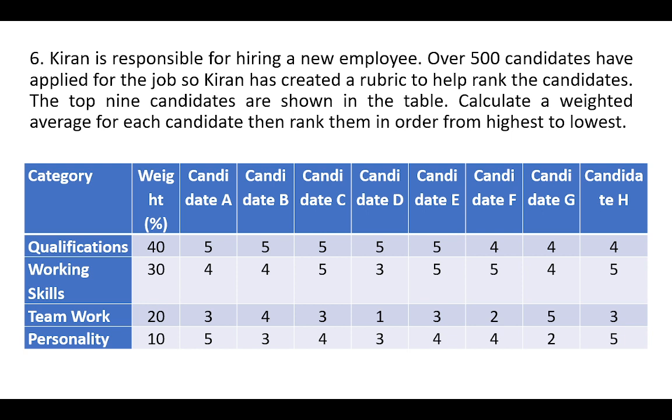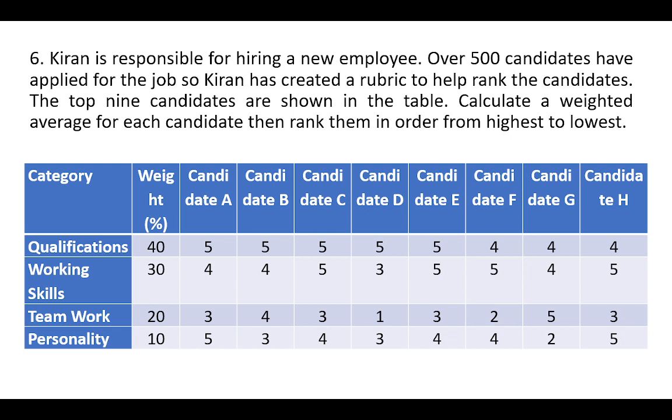So now considering 4 categories, he has allotted some weightage. For qualification it is 40%, working skills 30%, teamwork 20%, and personality 10 percent. So now based on that, he has given some marks for every candidate.